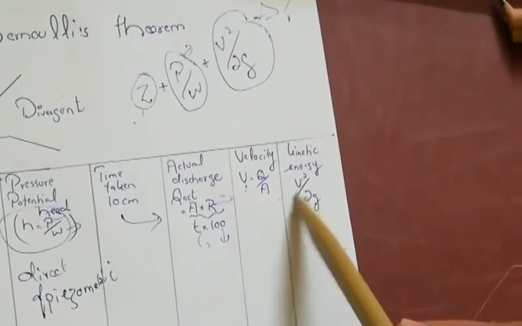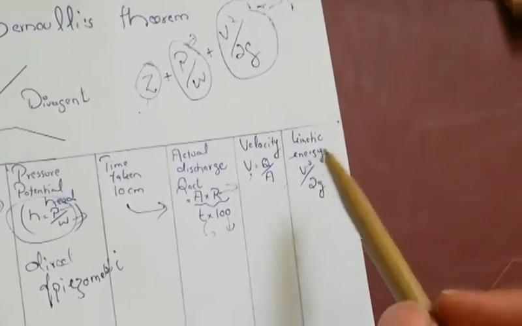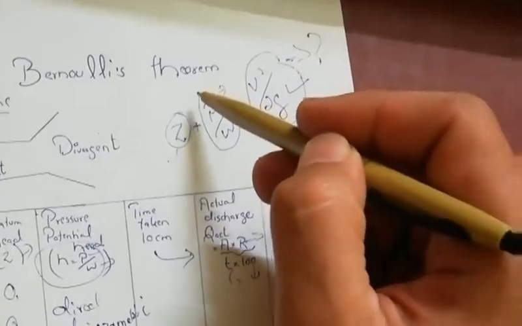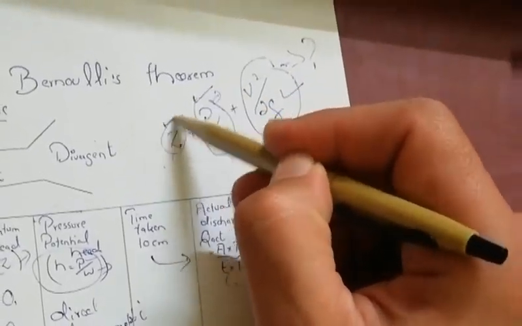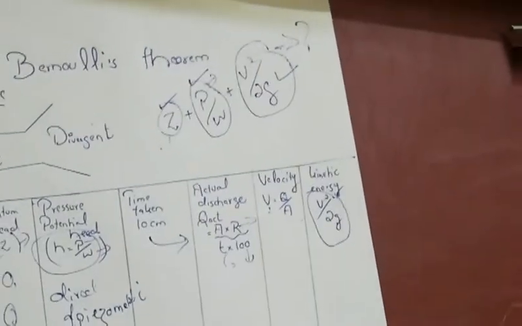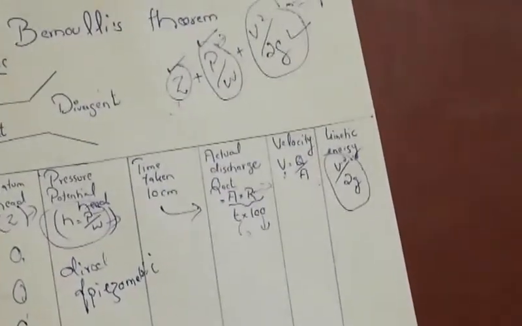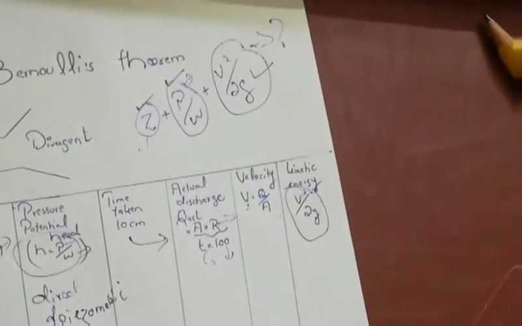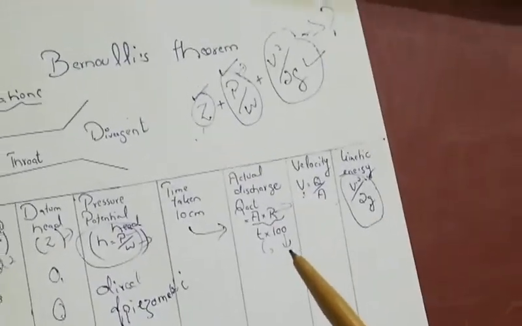Using this velocity and 2 into G, where G is 9.81, we may find the kinetic energy. So the kinetic energy has been sorted out, the potential energy has been sorted out, and the datum is 0. That's how we found each and every energy, and make sure that at the end the energy at each piezometer knob is approximately equal.